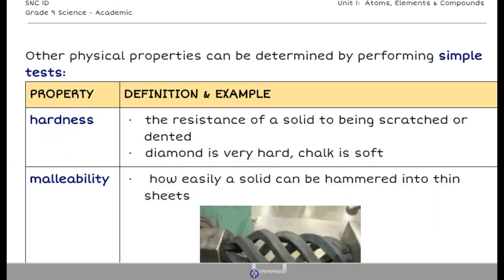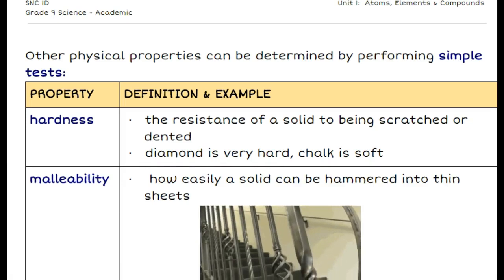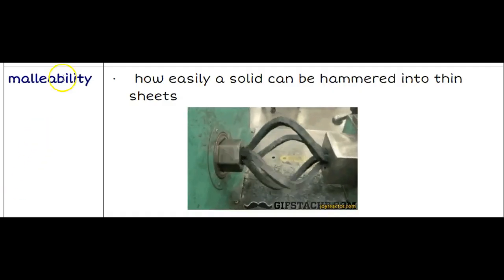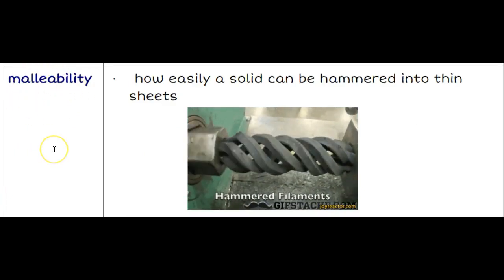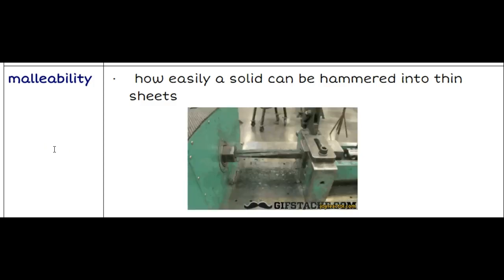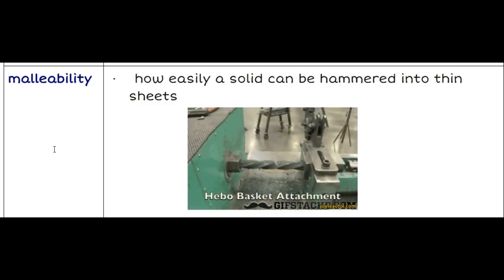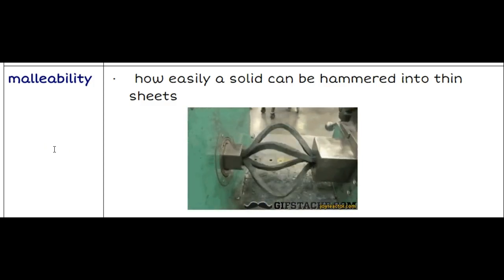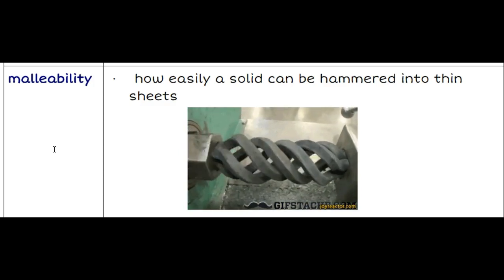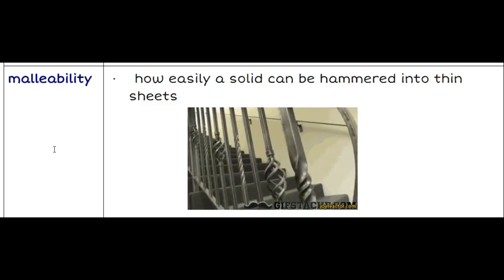Now, the next one is malleability. I'm just going to pause the video and recenter. So whether something is malleable or not really describes how easily we can take a solid and hammer it into thin sheets. It's really a way of describing how bendy it is. Will it bend or flex without breaking? Right?